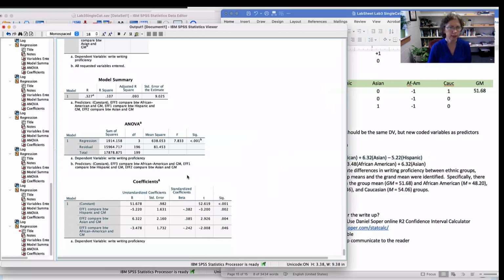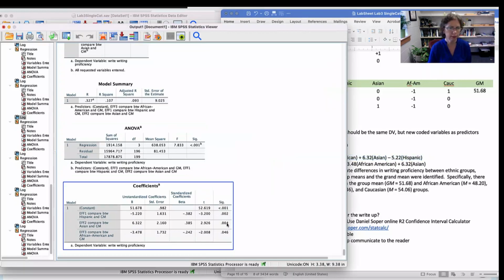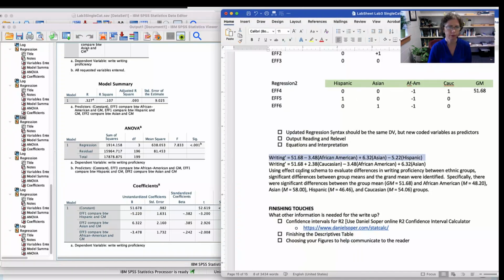Were any of these significantly different than the grand mean? Yes, all of them were. African American, Asian, and Hispanic were all significantly different than the grand mean. So what we don't know yet is the difference between Caucasian and grand mean, if that's significantly different.